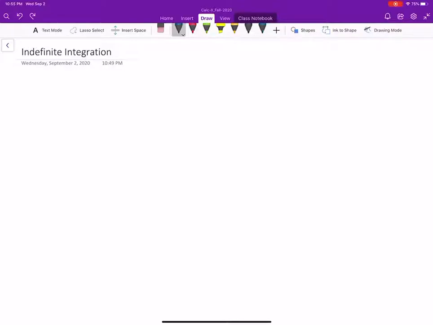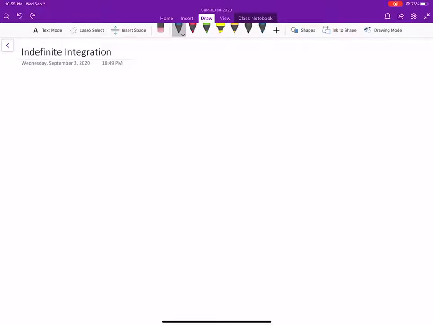Hello, today we are going to learn indefinite integration. This is a small section in Calc 2. The reason for that is Calc 2 is focused on integration, generally integration, definite integration, indefinite integration, and several types of integration.